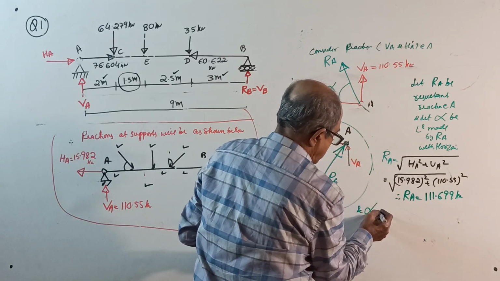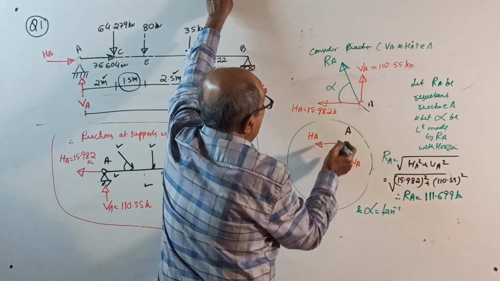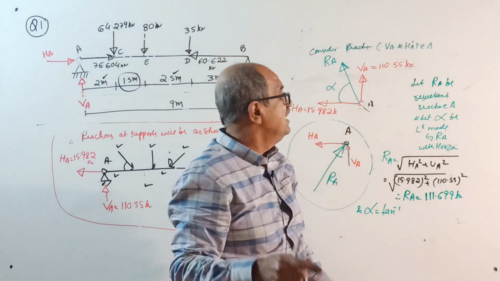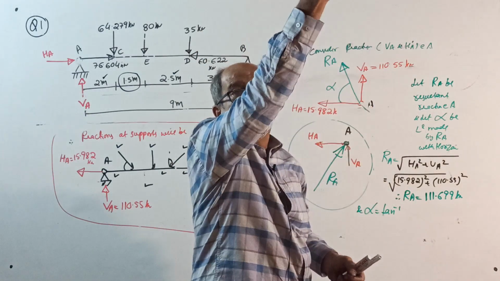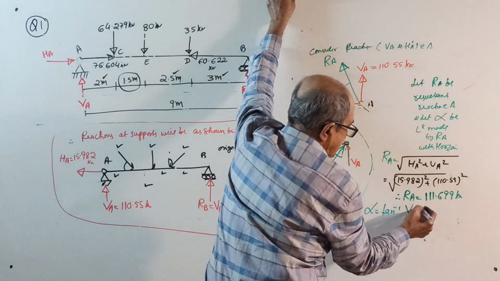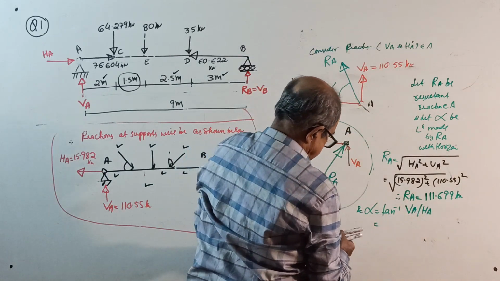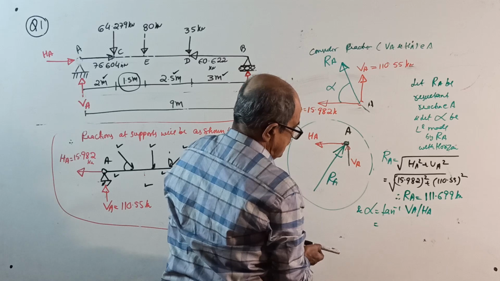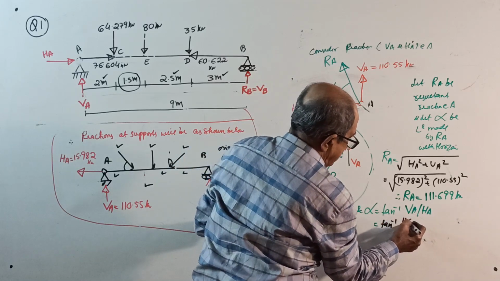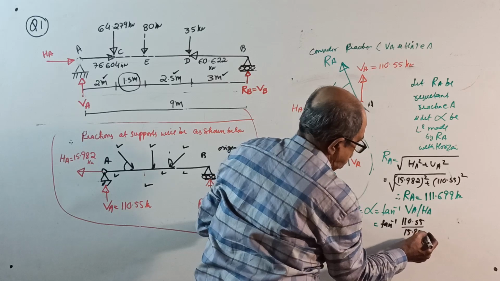And alpha is tan inverse of, since you consider the angle with horizontal, it is told thousands of times earlier, tan alpha is opposite, that is vertical by horizontal, VA by HA. Equal to tan inverse of VA, 110.55 by 15.982.